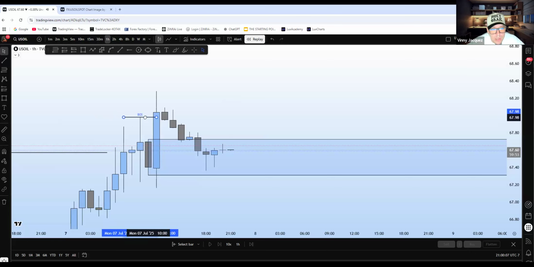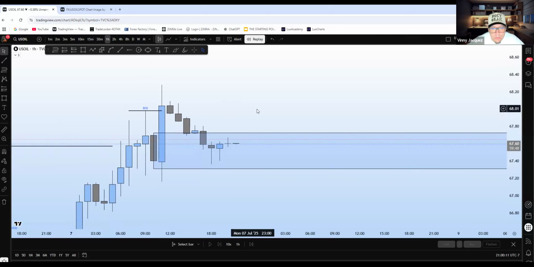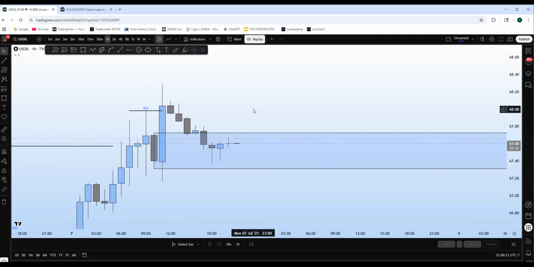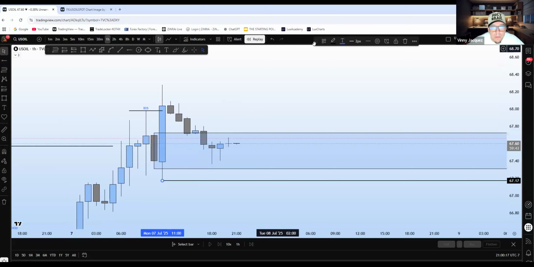If this is my BOS, what am I missing? Change of direction line. My change of direction line. Which means if this is my BOS, what should I be thinking, guys? Trend continuation. Let's look for more buy opportunities. Okay?